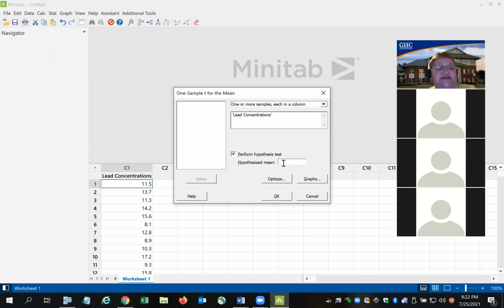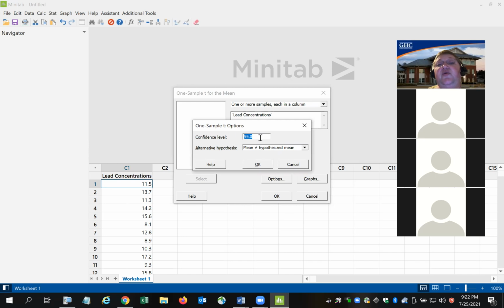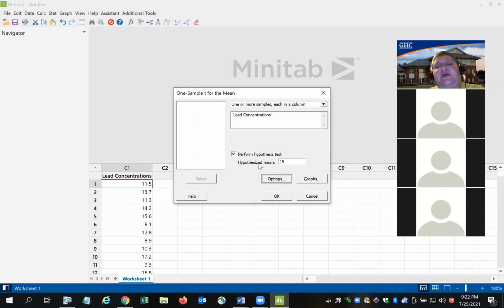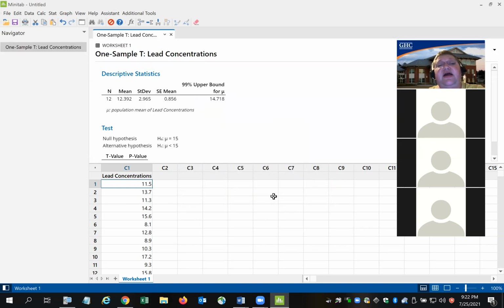My hypothesized mean was 15. I choose options. It was a 1% significance level, so we have a 99% confidence, and we want it to be less than. And I click OK and OK, and Minitab does all of the work.